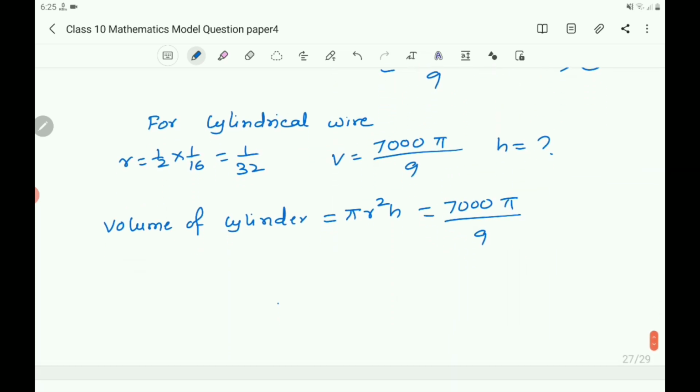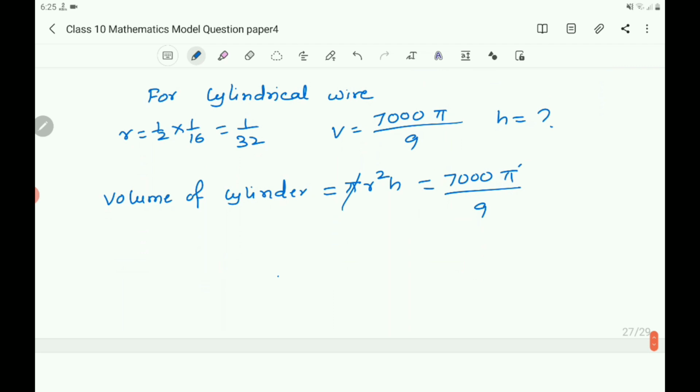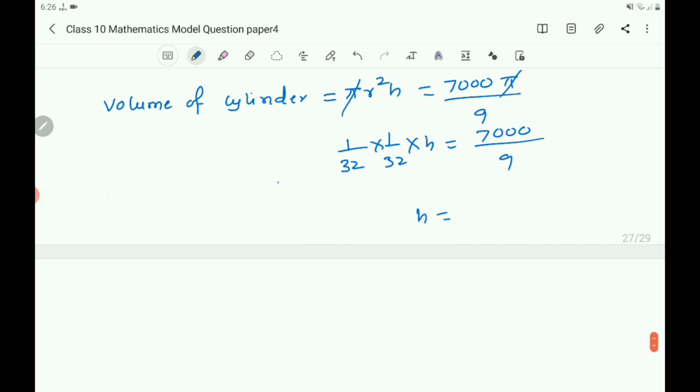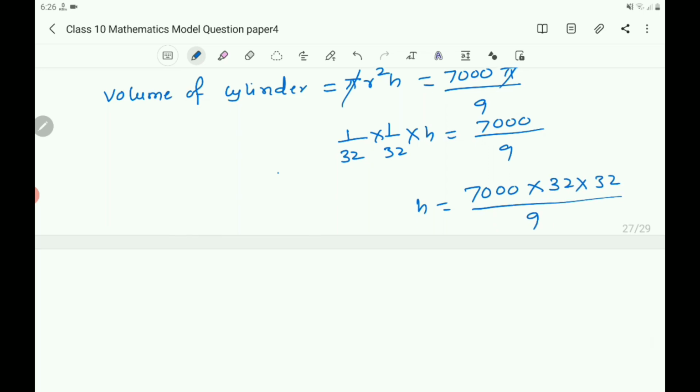Then pi cancels. r is 1 by 32, into 1 by 32, into h equals 7000 by 9. Then h equals 7000 into 32 into 32 by 9.